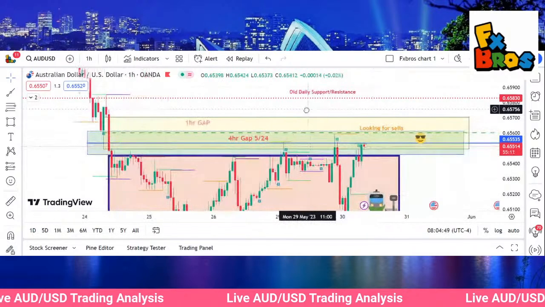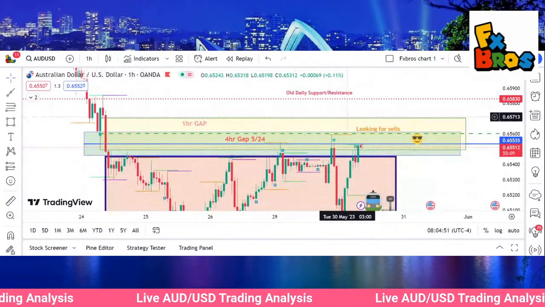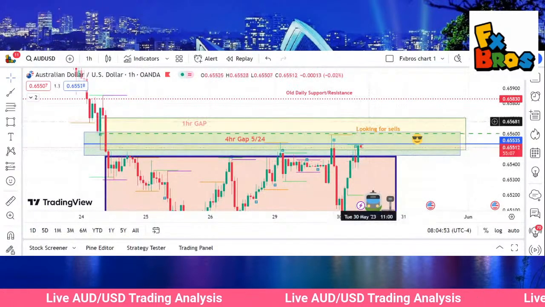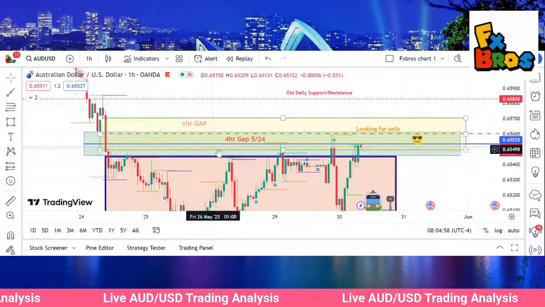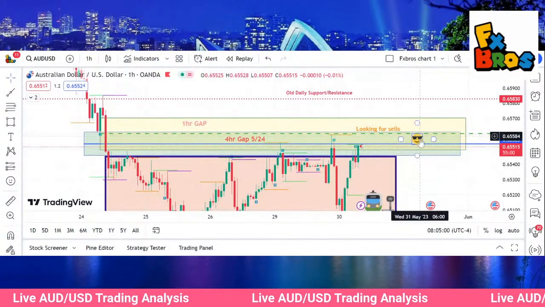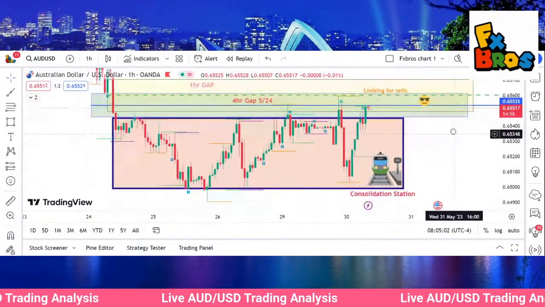So if we break out, come down here, and we catch buys off of all this resistance we've been having, that'll be a good buy into this area.